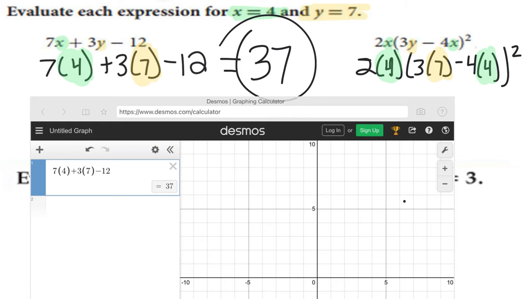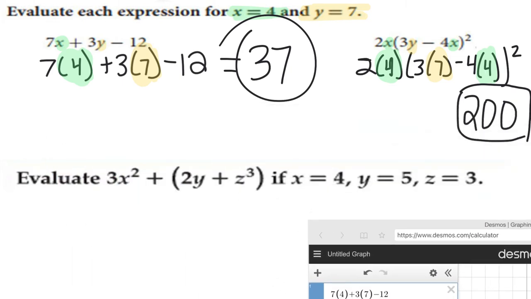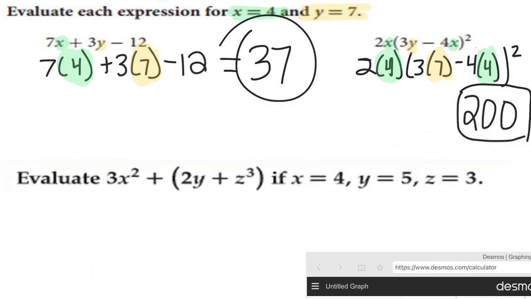Close the parenthesis and then an exponent of 2. And I get 200. That's evaluating. We're solving them for a particular value that's given to us. You cannot evaluate unless they give you a value to substitute in. We'll do one more together and then we'll let y'all try a couple of these.